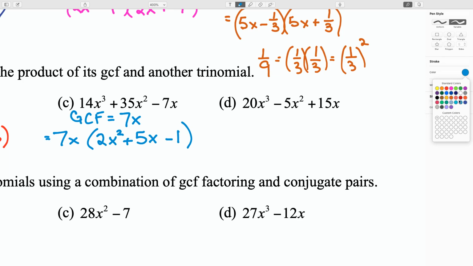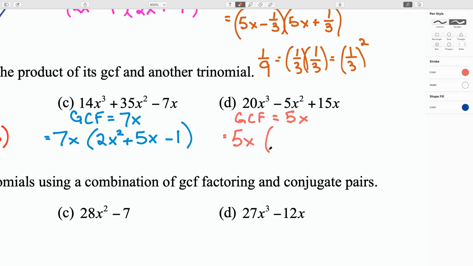Now let's do D. What can go into all three of these terms? I think it's 5x. Is that what you put? And what did you put inside? Well, 20 divided by 5 is 4. And I need an x squared times x to get me x cubed.